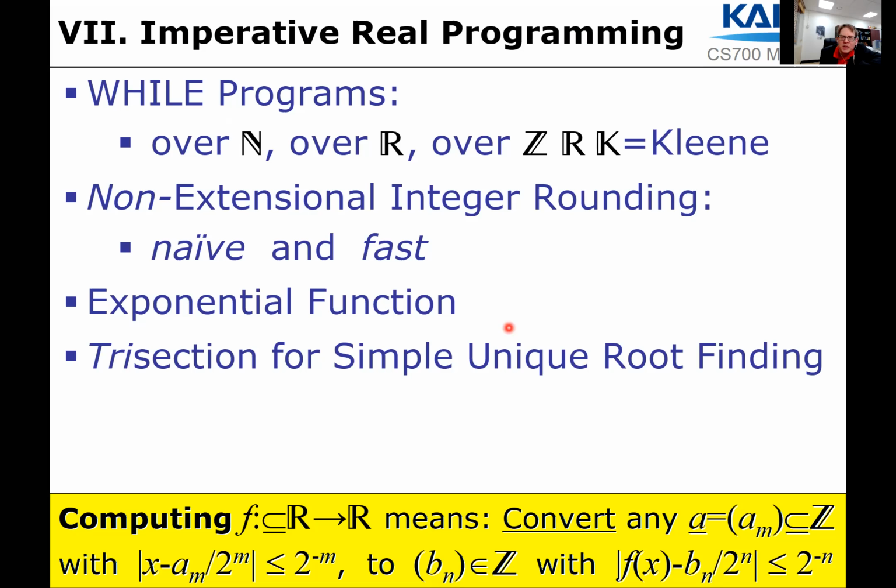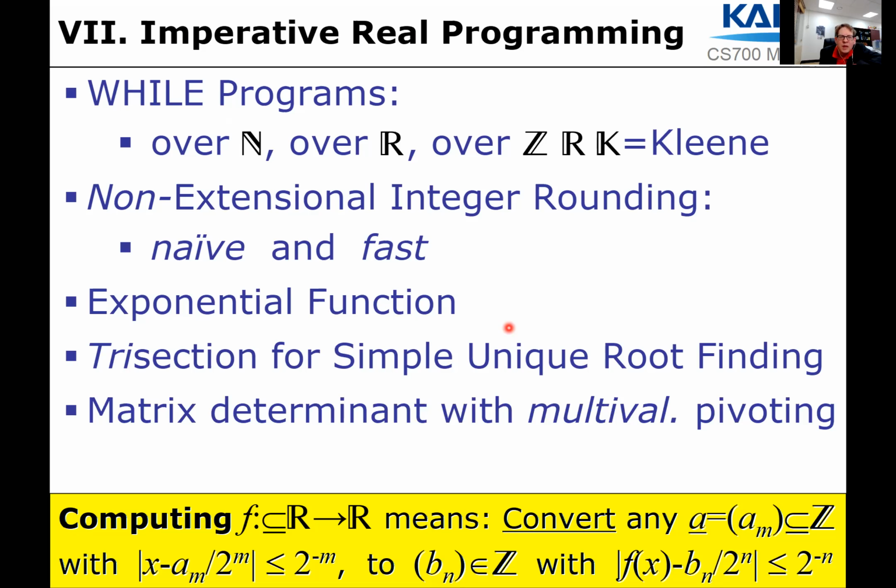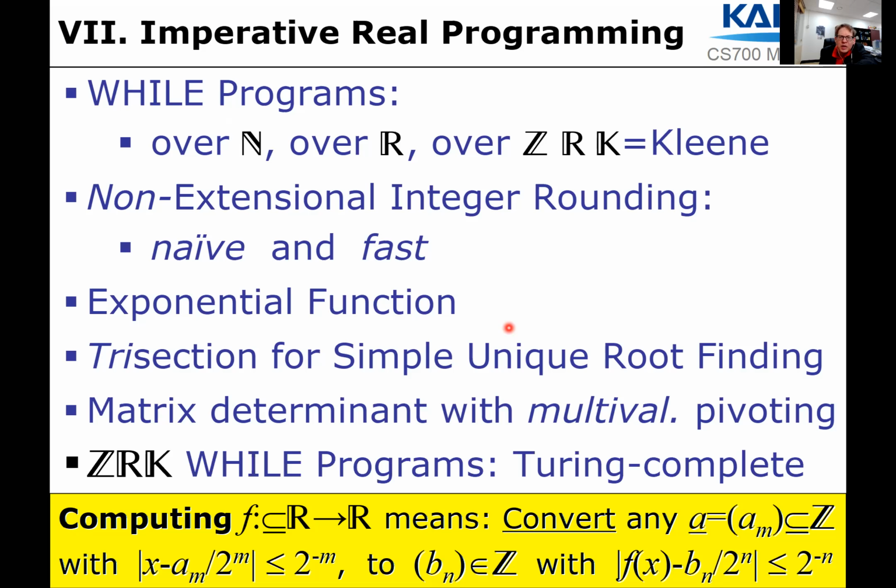And then we could consider an algorithm for a functional, namely for a simple root finding, a formalization of the trisection method, which involves multi-valued computation. And finally, matrix determinant computation using a computable version of Gaussian elimination using multi-valued pivoting.